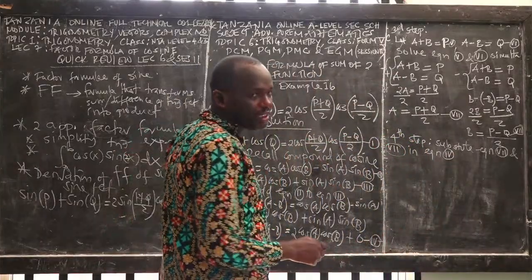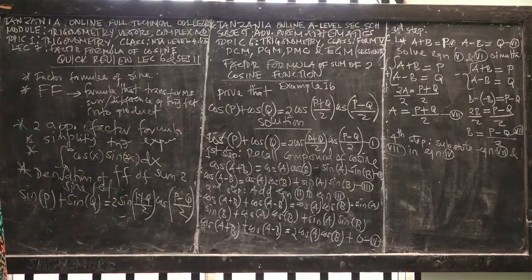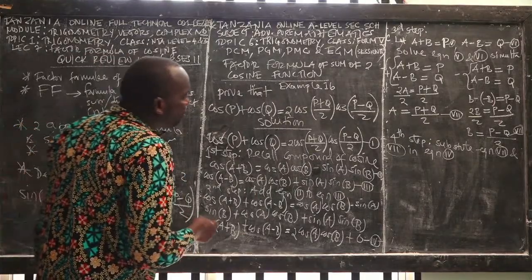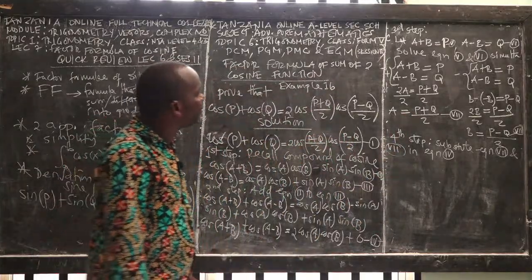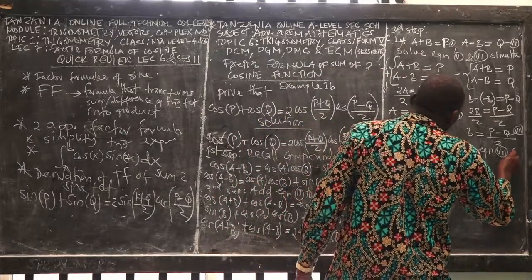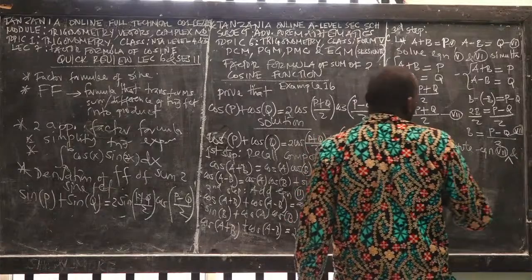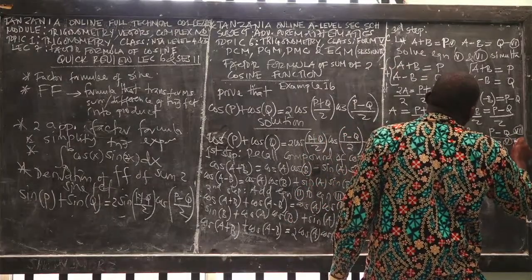Haya. Tuna substitute vipi? How do you substitute? Take the value of A, first of all, not equation 7 and equation 8 only, but also we have equation 5, and also you have equation 6.